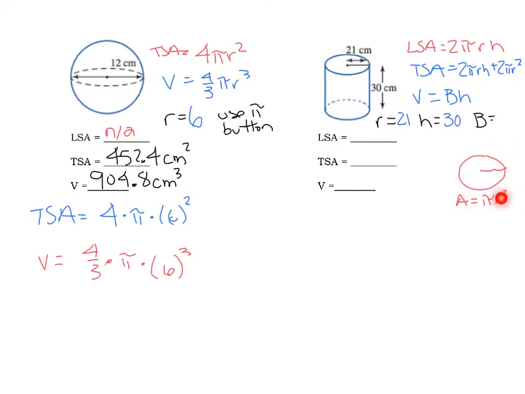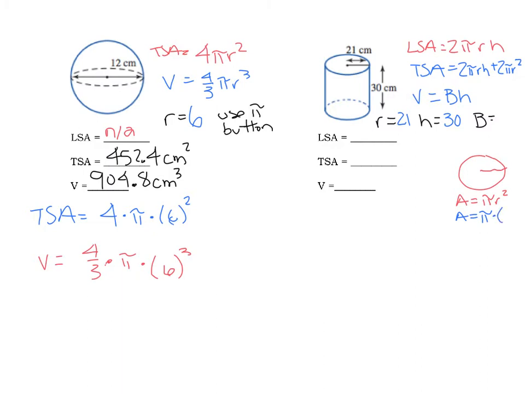Notice I went ahead and drew my base here. The base is a circle, so we have to know what the area formula is of a circle, which is simply pi r squared. So to get B, we need to do pi r squared. If we actually work that out, we're going to use the pi button in our calculator.